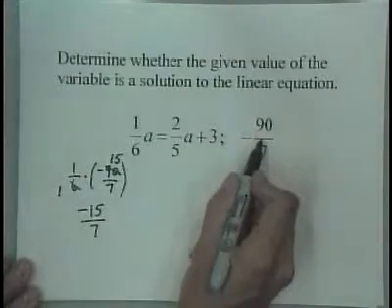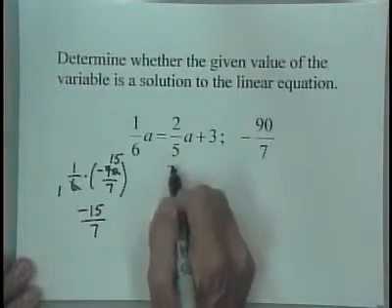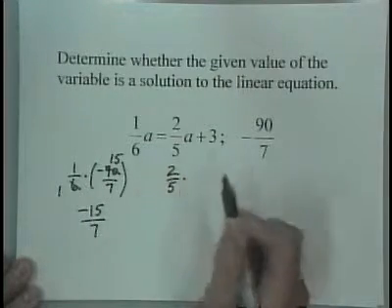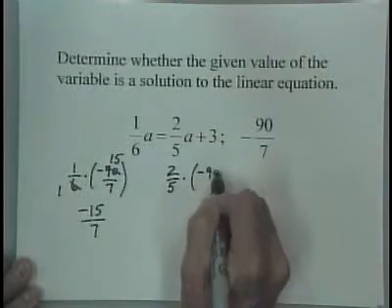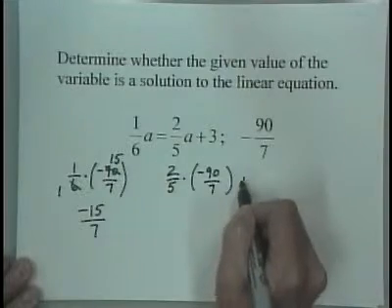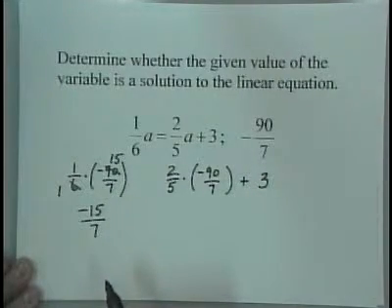What we need to find, substituting this value for the variable a, is 2/5 times the number -90/7, and then plus 3.